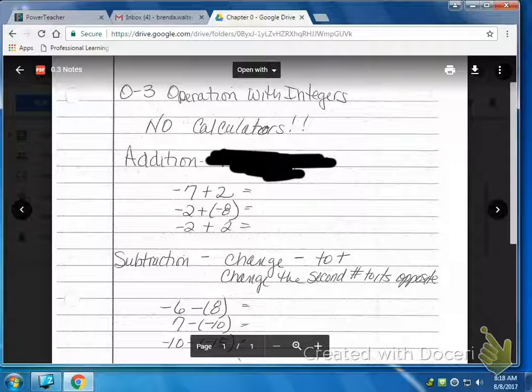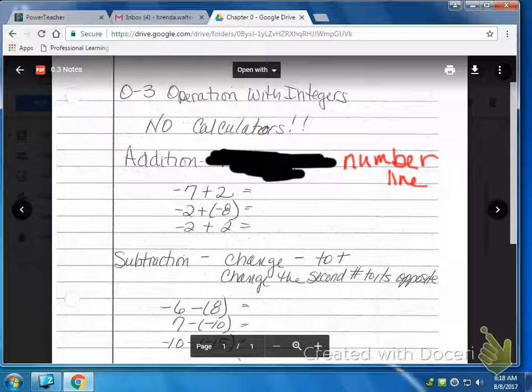We are going to be using basically a number line type system. All right, so as we look at our number line that I have up here on the board, I'm going to talk about gaining and losing.